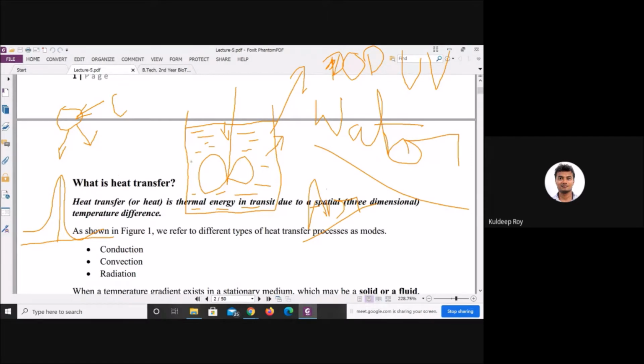To grow that microorganism, you have to maintain the temperature. As I already told, in literature I found that 60 is near about the optimum, the maximum temperature to grow your cells and different kinds of microorganisms.